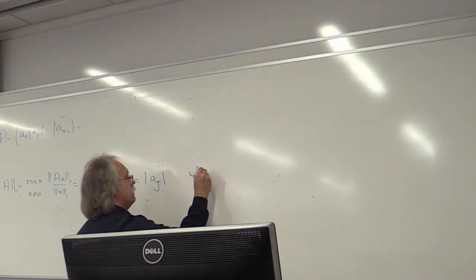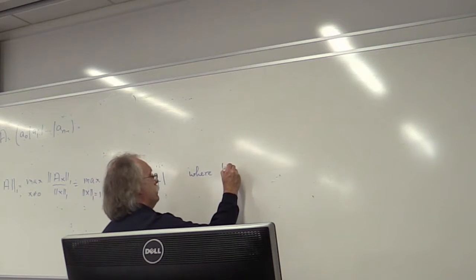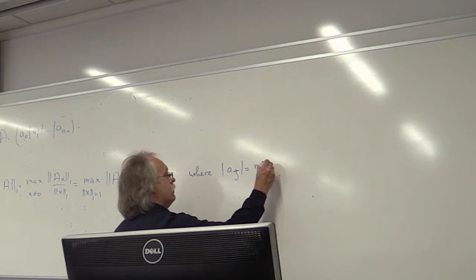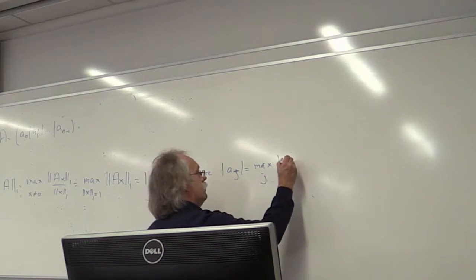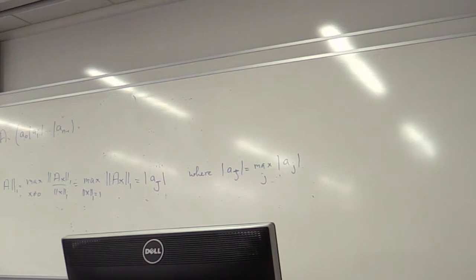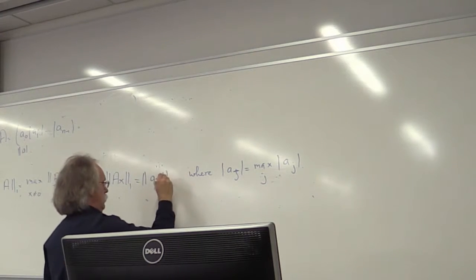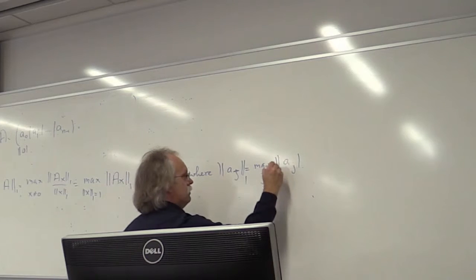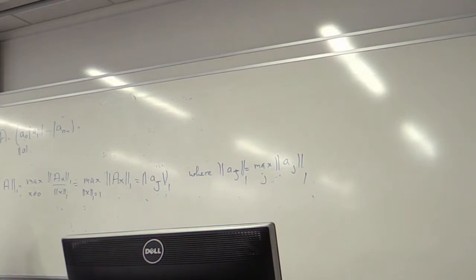where, what am I saying here? You look at the matrix by columns. For each of the columns, you compute the 1 norm.